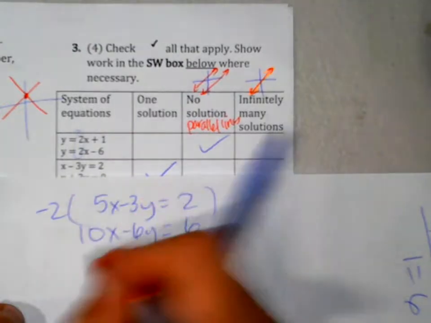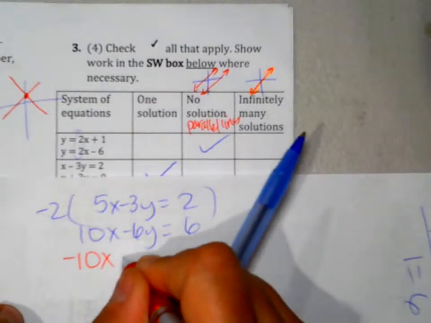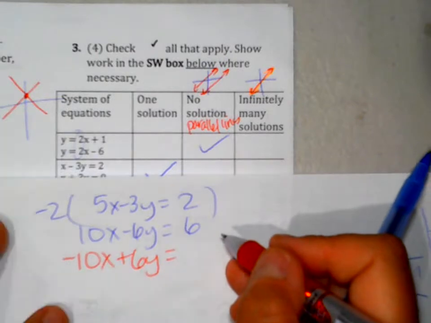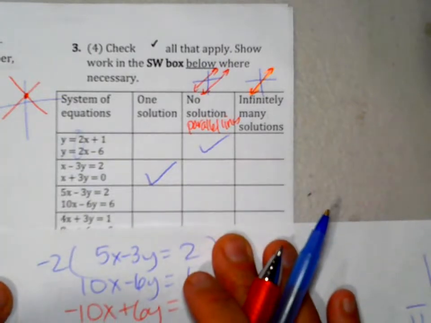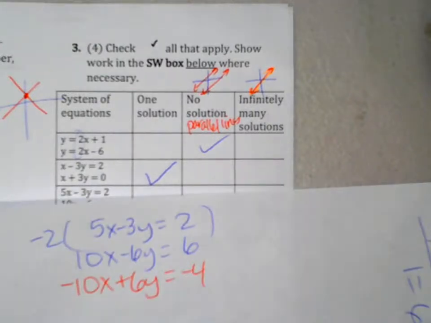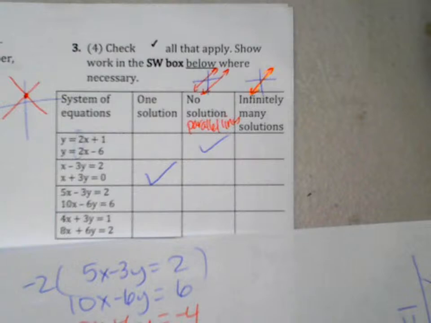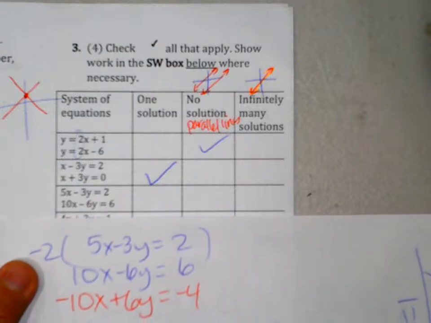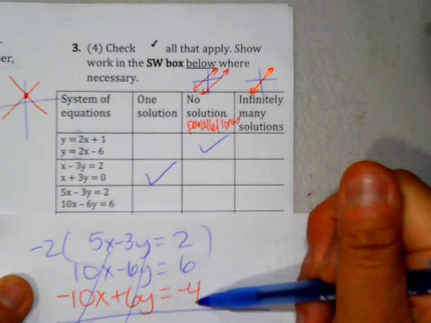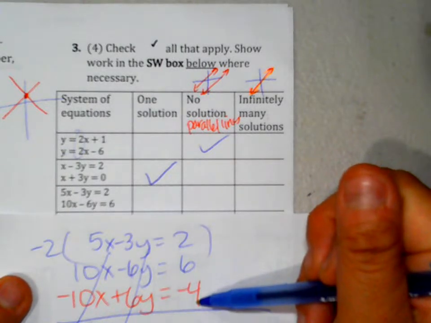When I do that, I get negative 10x plus 6y equals negative 4. Okay? So when I'm here, what's going to happen? All of my variables go away. I'm not going to be able to do anything with that. Everything goes away, and 6 doesn't equal negative 4. So again, you have no solution.